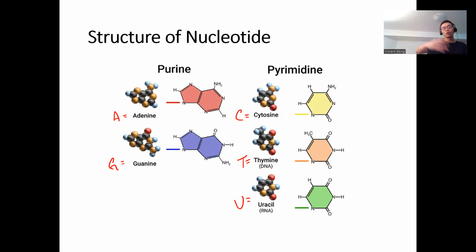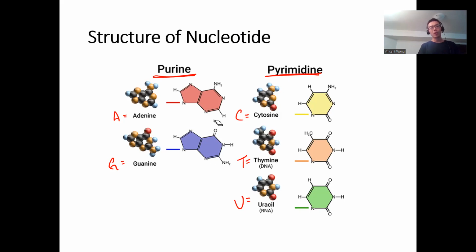So we can categorize them into 2 groups: the purines and the pyrimidines. The main difference between the 2 groups is the number of rings in their structure.